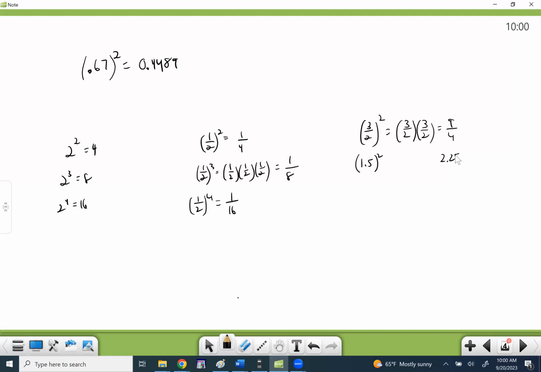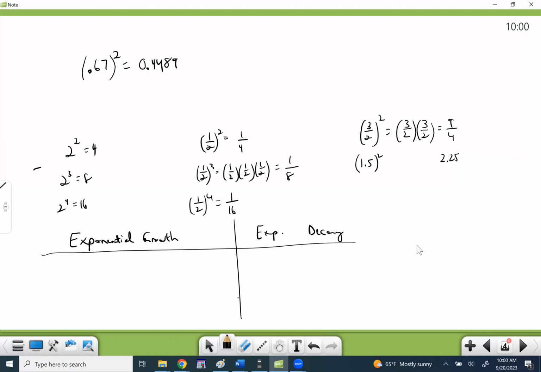Okay, so let's put this together. So here's when we're going to have growth, versus when we're going to have decay. Should probably put exponential in front of that there. Okay. And this is all going to be for functions of the form a to the x power, right?